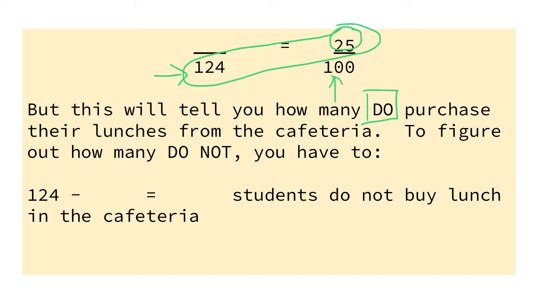If we then divide by 100, that is how many do buy their lunch. That would be 31 kids. So if I want to figure out how many do not, I take my total 124, take out the kids that do buy their lunch, and what you're left with is 93 students who do not buy their lunch in the cafeteria.